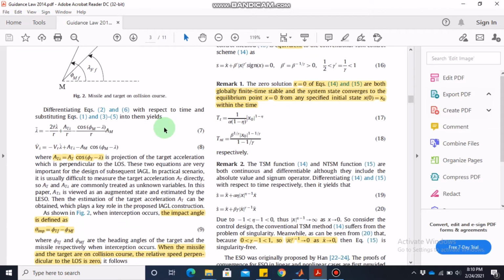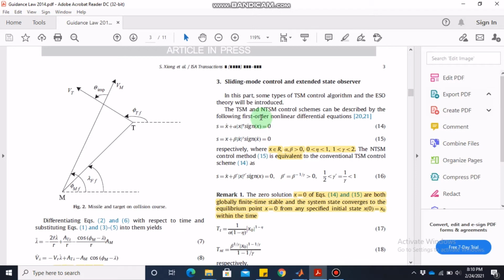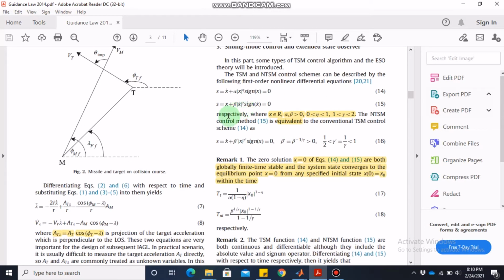And the guidance law will basically determine the AM, this acceleration of the missile. Before the guidance law is designed, a sliding mode control and an extended observer are discussed. For the sliding surface for terminal sliding mode control, the usual sliding surface is given by something like this: x plus beta times x dot raised to the power gamma, or sometimes it is x dot plus alpha times x to the power eta.